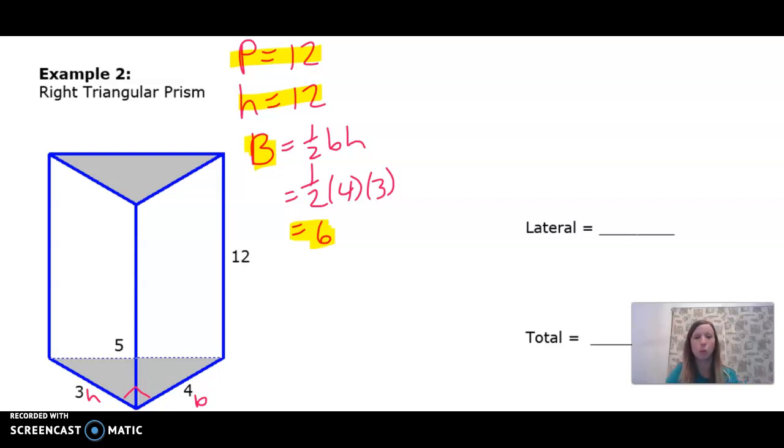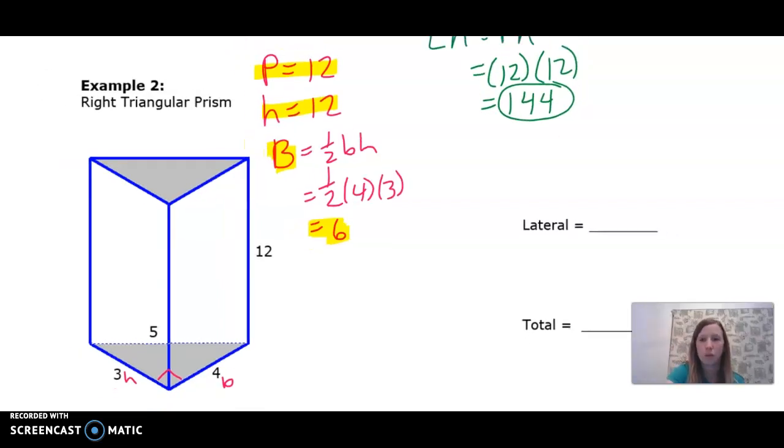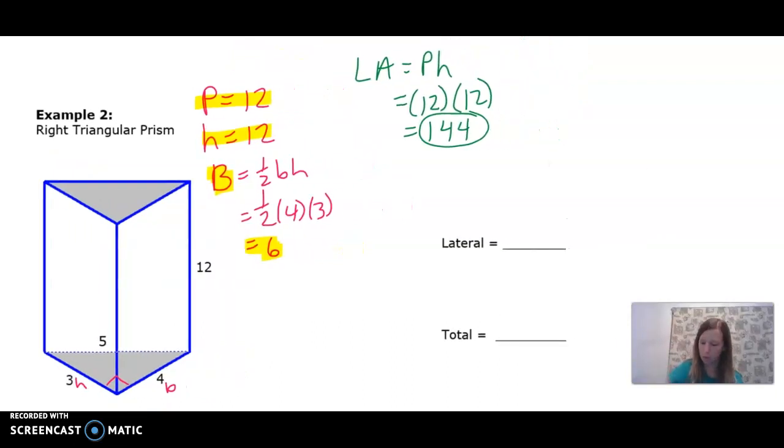So that means the perimeter of the base, which is 12, times the height of the prism, which is also 12. What a coincidence. And we get 144 units squared. We weren't given a unit in this problem, but whatever unit it would be squared because it is surface area. So 144 is our lateral.